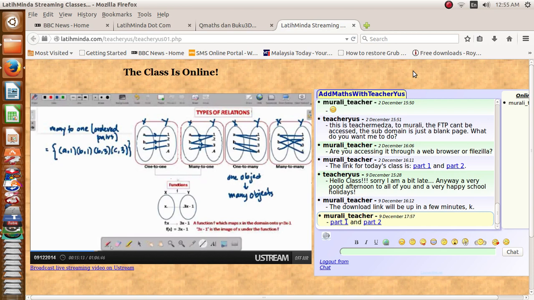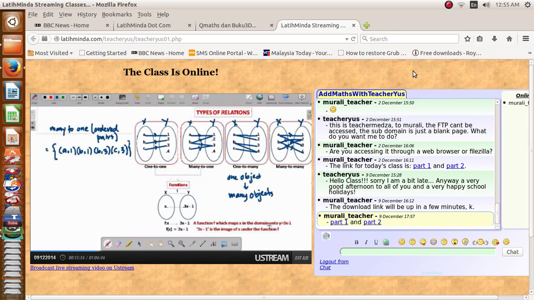So you have multiple mappings here. Basically A goes to 1, A goes to 3, B goes to 2, B also has an image of 4, and image 2 also has object C. So this is many to many.